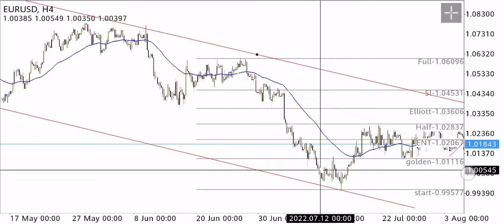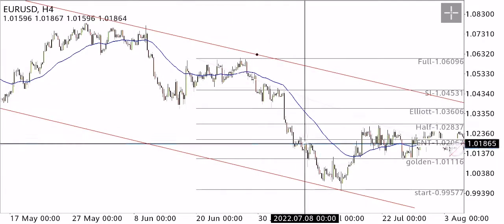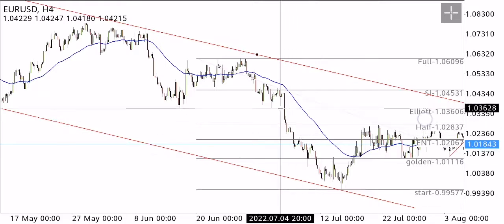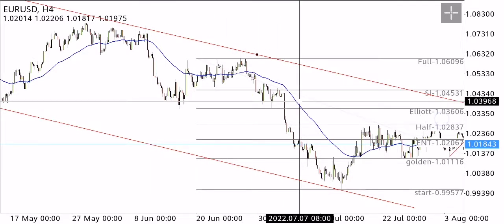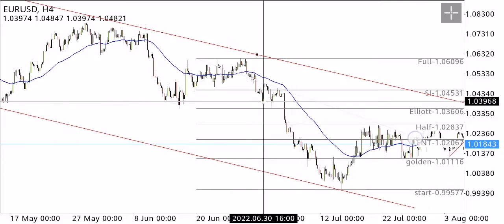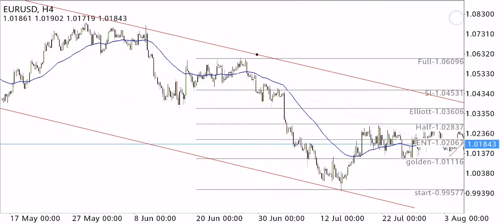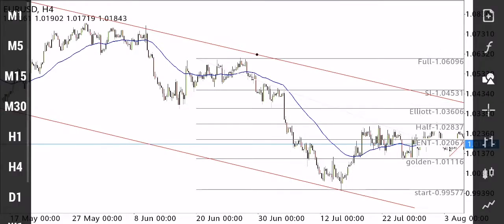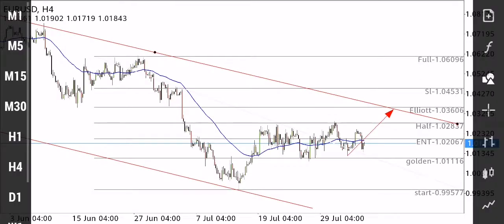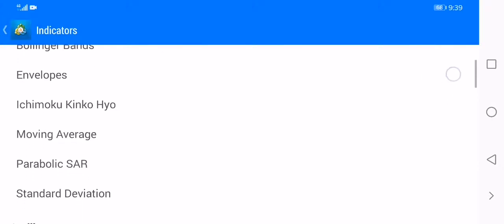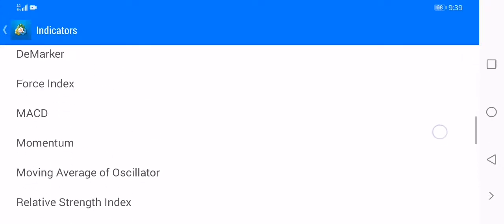RSI is basically a ranging market indicator, and if the market is following the trend and breaks this support level, where is the RSI? And how will you feel using the RSI indicator in this situation? If you draw it, you can say I draw the RSI indicator again on the chart.